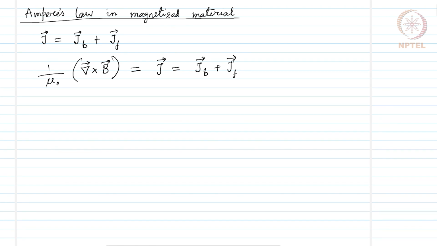And how do we find JB? So, that means it is JF plus curl of the magnetization, because curl of the magnetization gives us the bound current density.